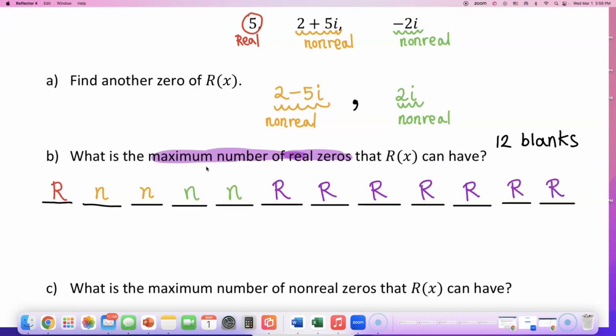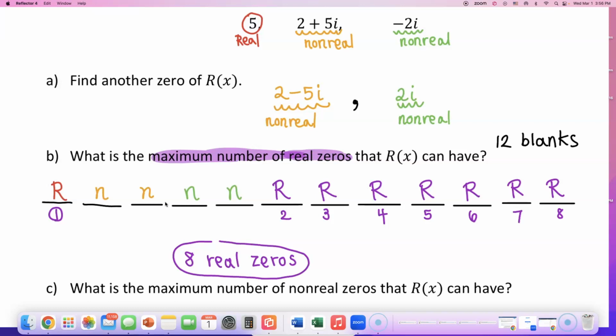Now let's count. How many real zeros can R of x have? I count 1, 2, 3, 4, 5, 6, 7, 8. So 8 real zeros is the answer. It can have a maximum of 8 real zeros, but it's not going to be 9 or 10.